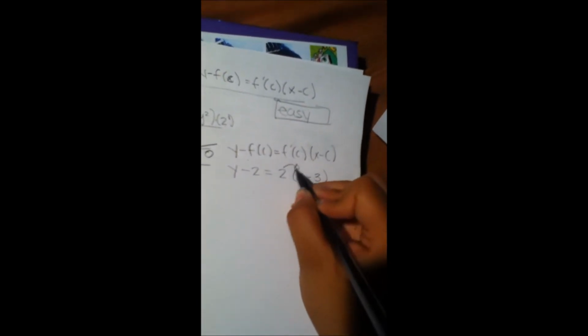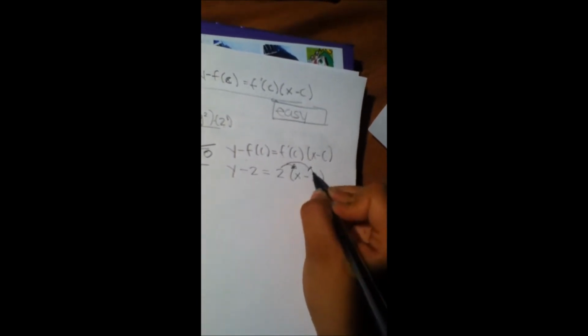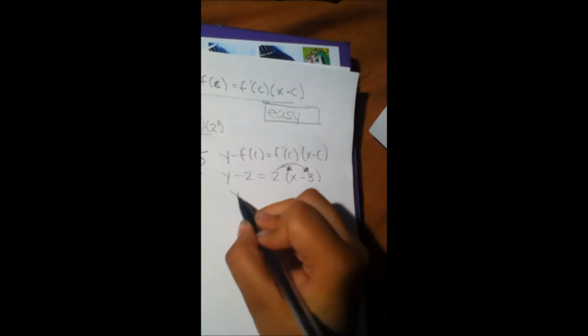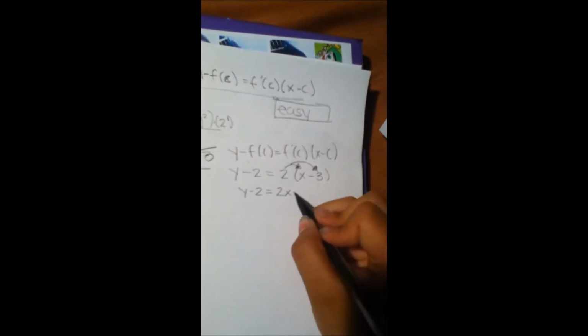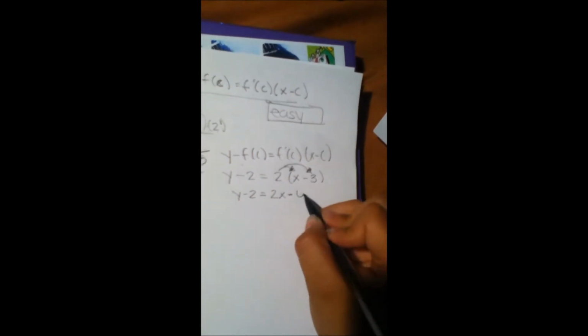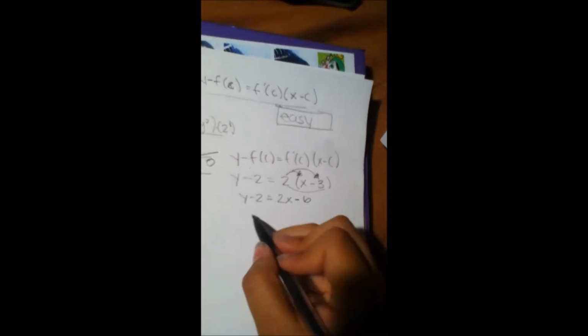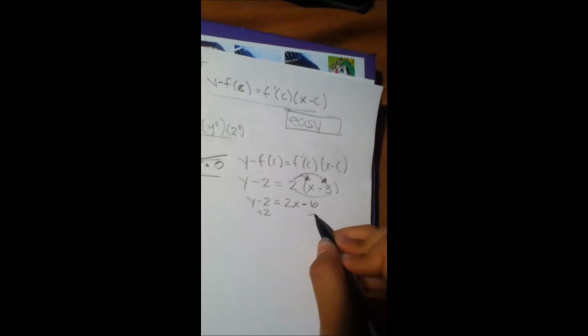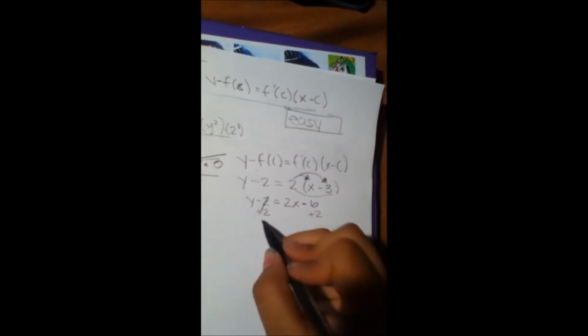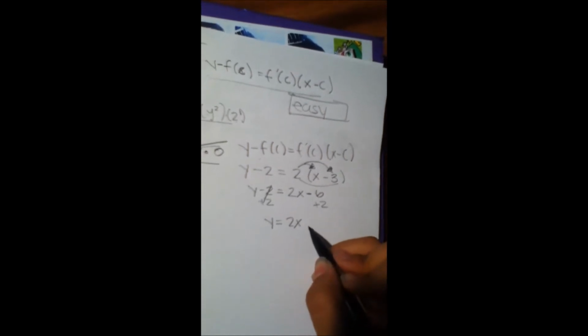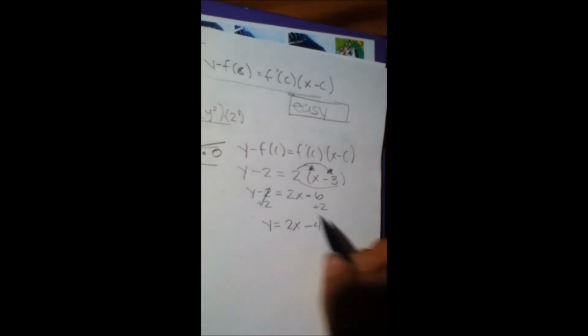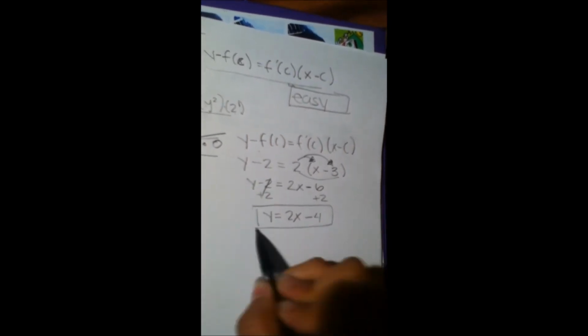We're going to distribute the 2 to the x and negative 3, giving us 2x minus 6. We're going to move the 2 by adding it. They'll cancel out, leaving the y itself, and 2x minus 4 will be the answer. That's the equation for this function.